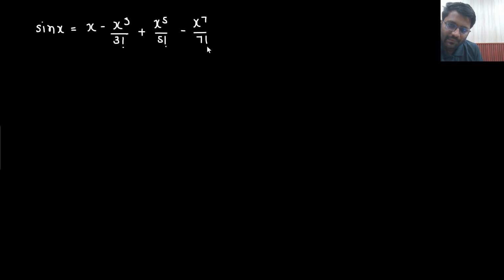Directly I am writing down the sin x expansion, which will be somewhat like this: x, then the value was minus 1, then plus 1, then again minus 1, then plus 1, and so on.